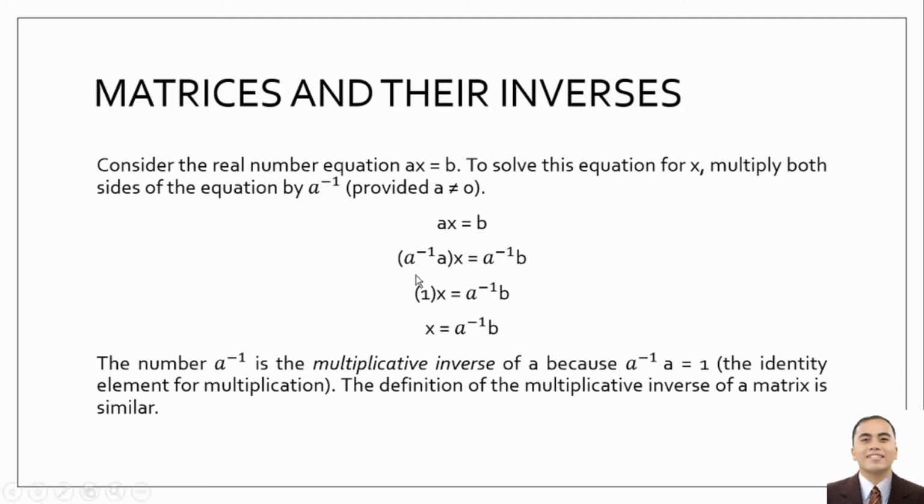So that's why here a^(-1) times a is 1, times x is equal to a^(-1) times b. So the remaining equation would be x = a^(-1)b. The definition of the multiplicative inverse of a matrix is similar.